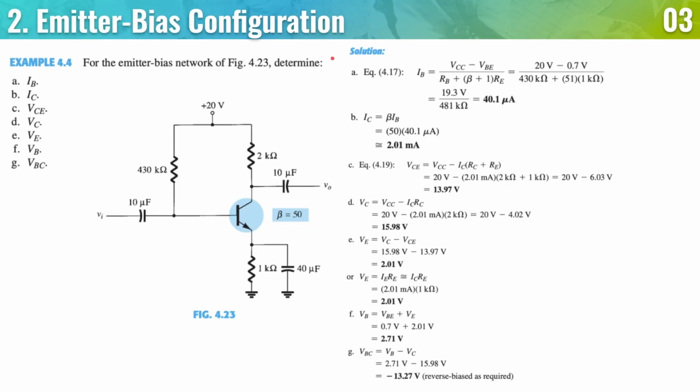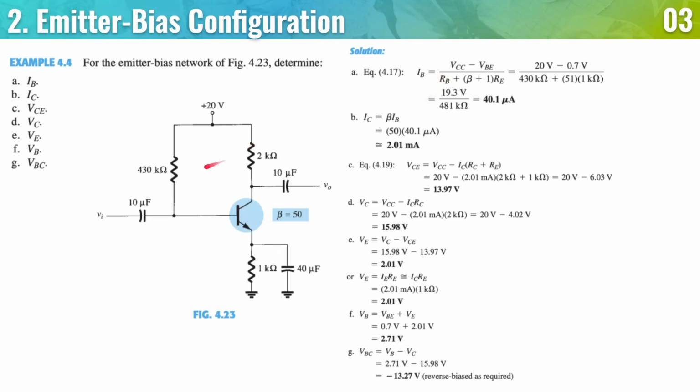In the emitter bias configuration for figure 4.23, let's determine the following. IB is equal to this. This is a lot to recall, but let's see why it is like that. Again, VCC is the voltage source, and this is a voltage drop, so that is for the numerator.